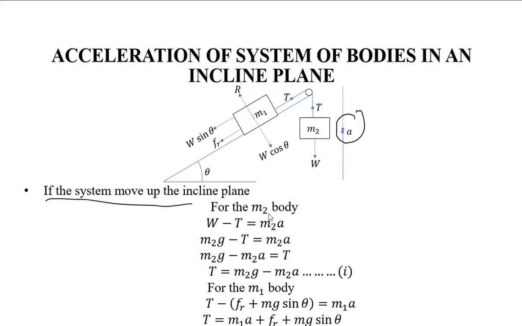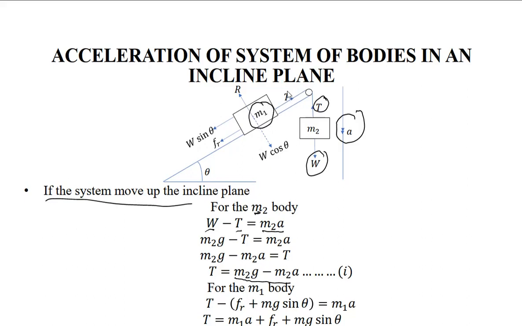For the body of mass M2, since the body is moving down, it means the weight is greater than the tension. So we say weight minus tension is equal to the resultant force with which the body moves. From there, we make T, the tension, the subject of the formula. We will have M2G minus M2A.